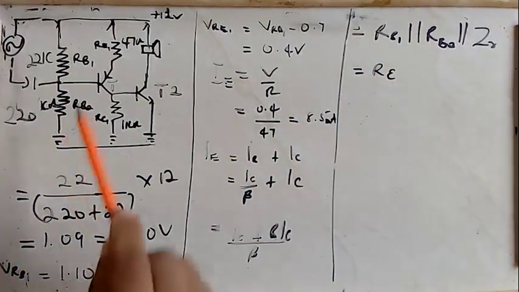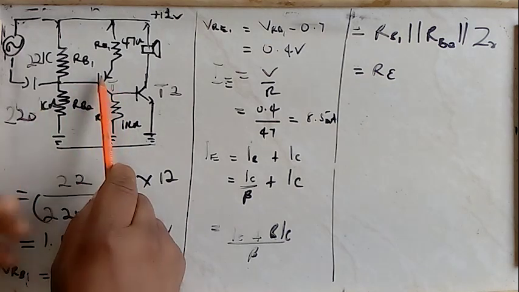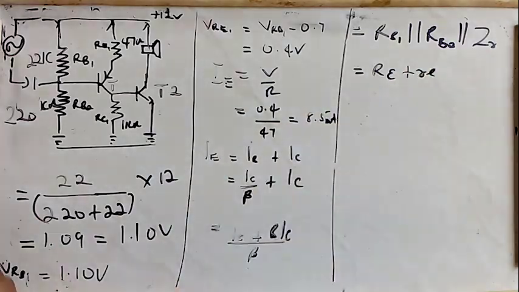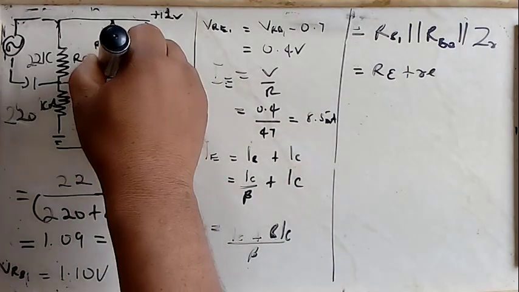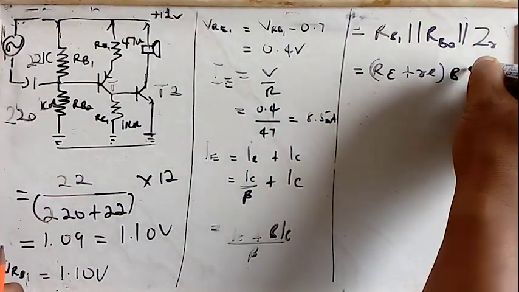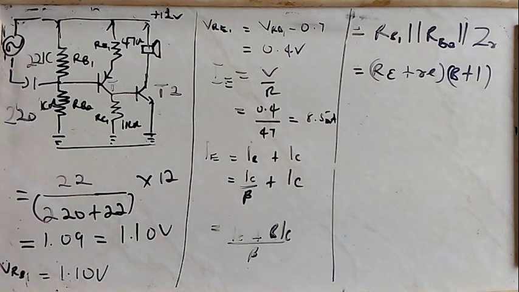But there is also a dynamic resistance which is introduced by the base emitter junction here. Let's call it RE. Since they are all in the emitter lead here, they are both multiplied by beta plus 1. Let's assume that this transistor has a beta of 100, given the collector current at which we are operating the transistor.